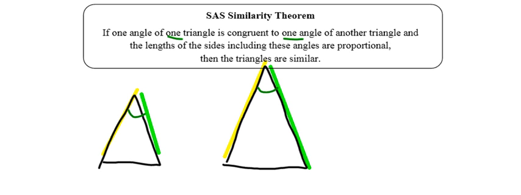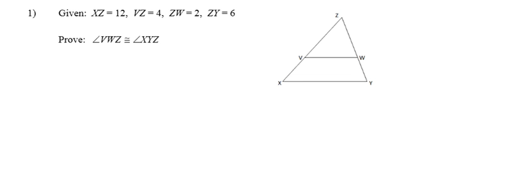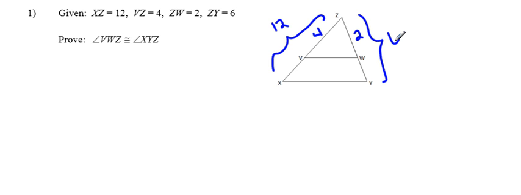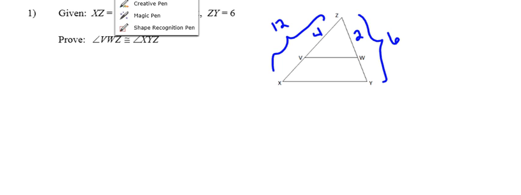All right, so let's go look and see how we might use this in a proof. First thing I'm going to do is, of course, label the information that they give to us in the problem. And then I'm going to take a look at what it is they want us to prove.